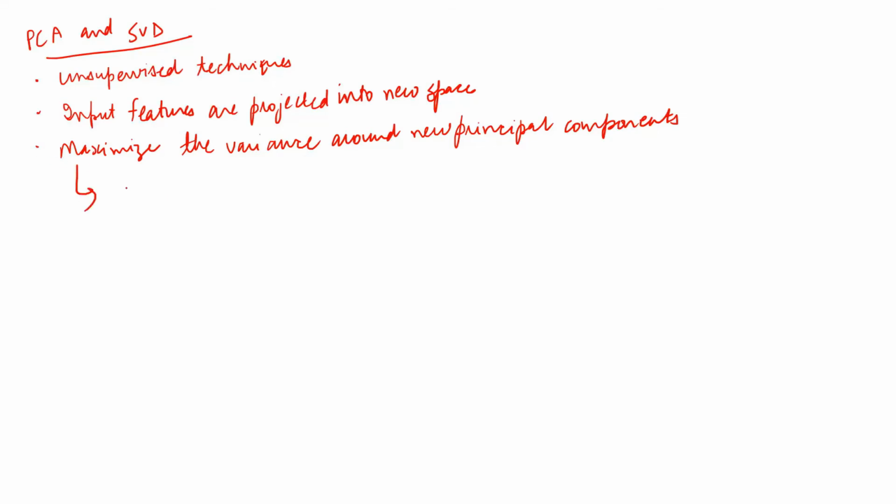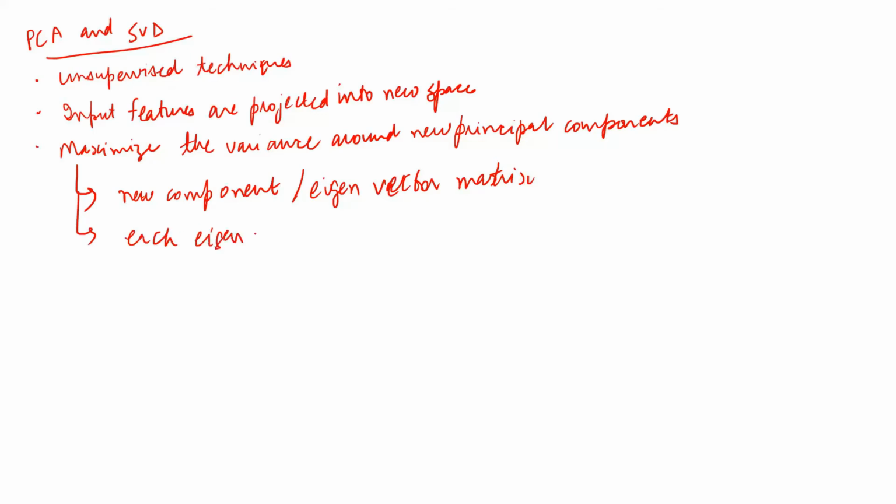What was happening was, we were getting the new components, and after getting the new components, or you can say the eigenvector matrix, we said that each eigenvector column is a new axis.